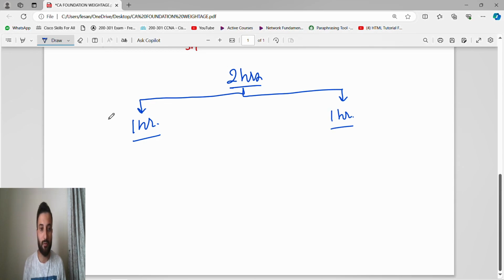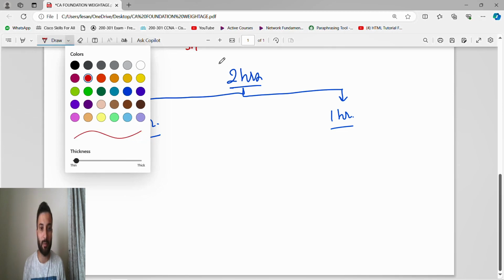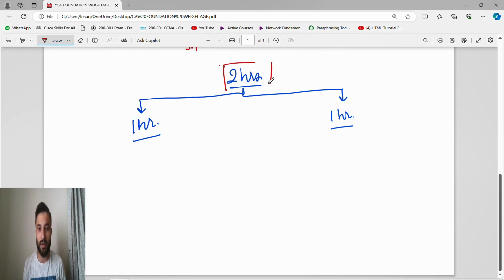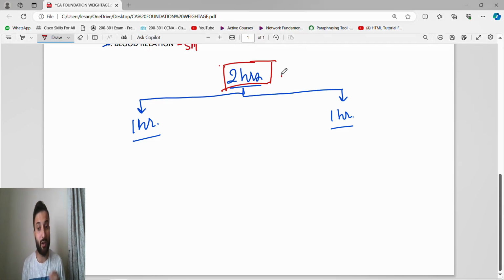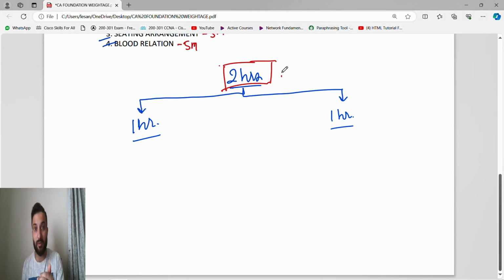You have to divide the examination like this because if you make a proper plan, then you will start according to the plan, end according to the plan, and do the examination according to the plan. But if you don't have a plan and do the exam randomly, you will mess things up. Then what will happen? You will go for the next attempt, and the first attempt will be gone.